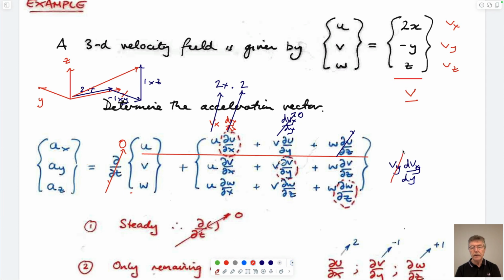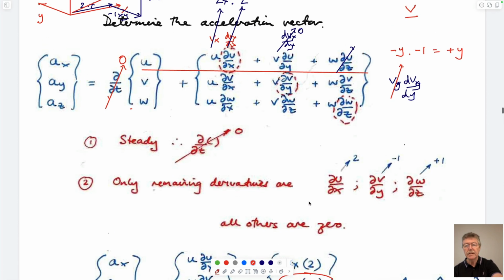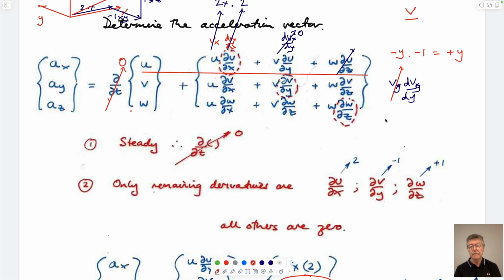So Vy is minus y. It's very esoteric. And the change in Vy with y is minus 1. Derivative of minus y with y is minus 1. So this should equal plus y, hopefully. And the last one would be Vz times dVz.